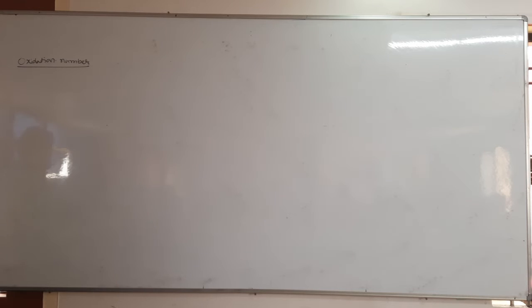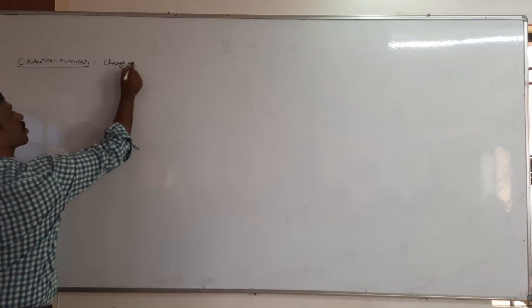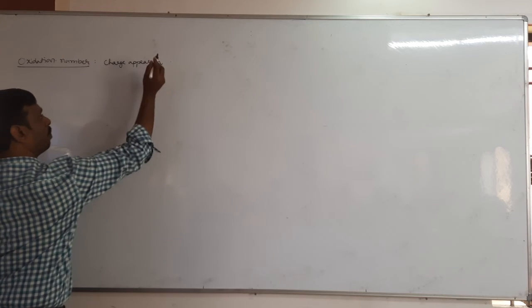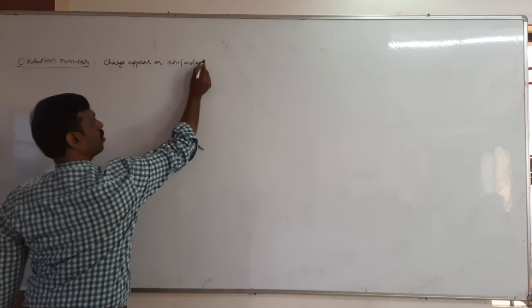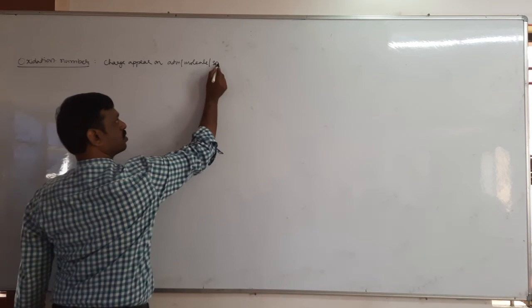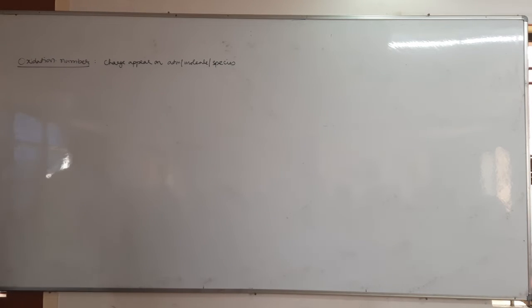Oxidation number is nothing but a charge, no? It may be negative or positive. The charge appears on an atom, a molecule, or generally any species. The charge appearing on an atom or molecule or species is called the oxidation number.